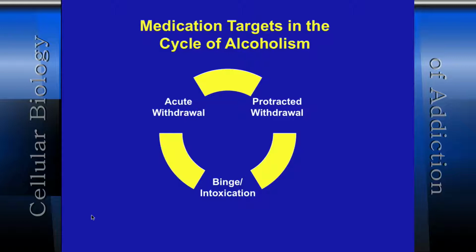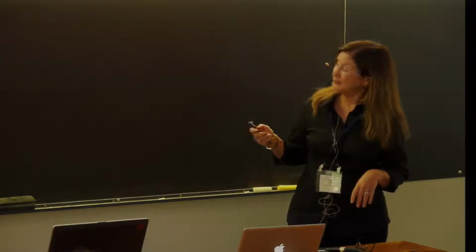And then naltrexone, which was originally approved for opiate addiction and then was reevaluated for alcohol dependence. And more recently has been approved in a long-acting injectable formulation to get around problems with noncompliance. Because believe it or not, neither rats nor some humans actually enjoy having their endogenous opioid system under blockade. So there have been some issues there.